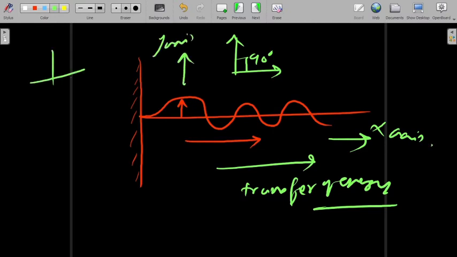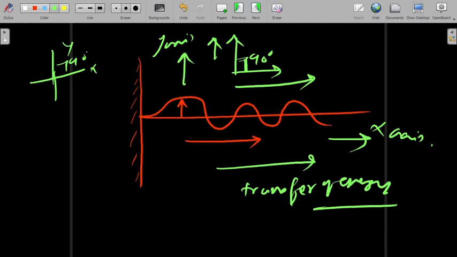What is the angle between the x-axis and the y-axis? That is 90 degrees. That is exactly what is happening here: the particles are vibrating upwards, and the wave is going to the right side, following the x-axis. So the angle between them comes to 90 degrees.